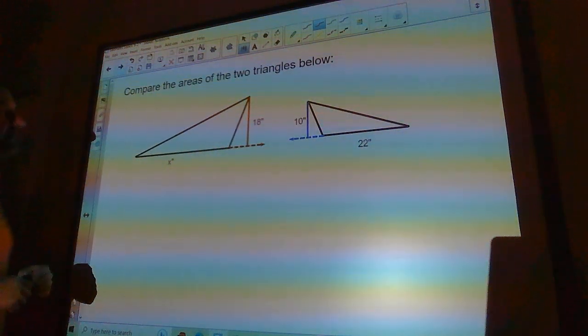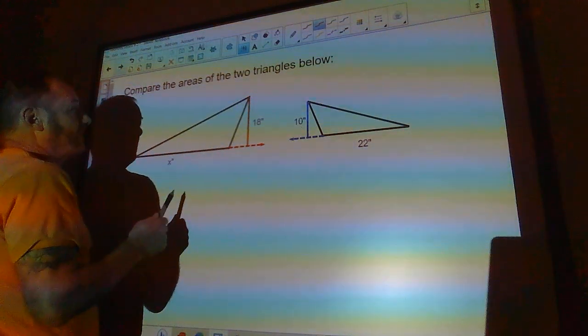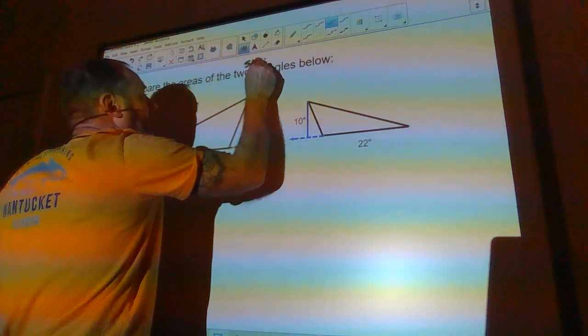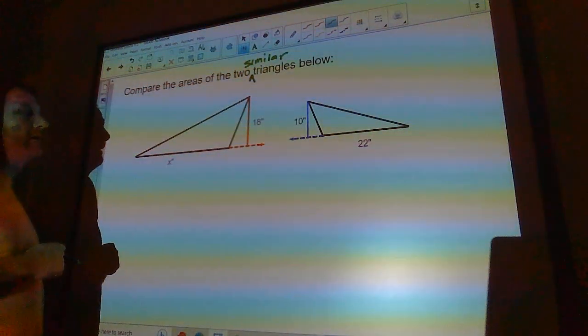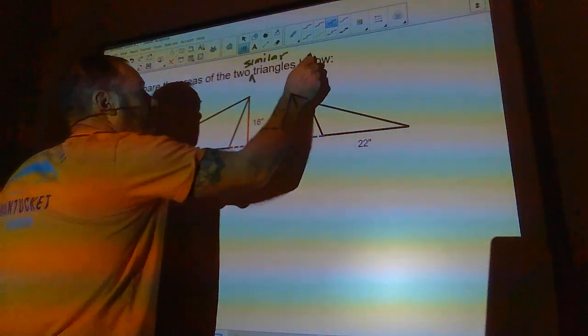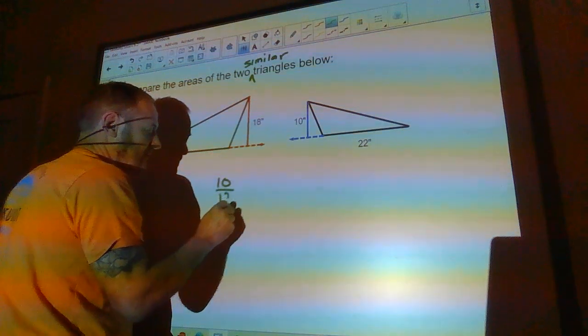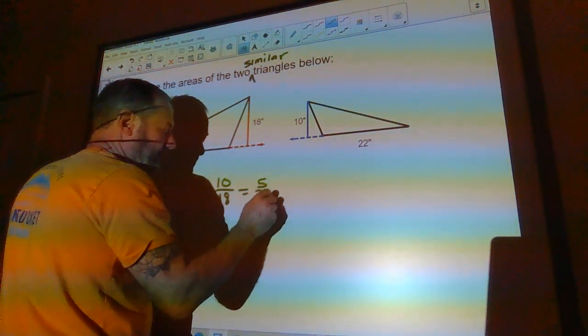Okay, compare the areas of the two similar triangles below. I know that the ratio between the two is going to be 10 to 18, which will reduce to 5/9.